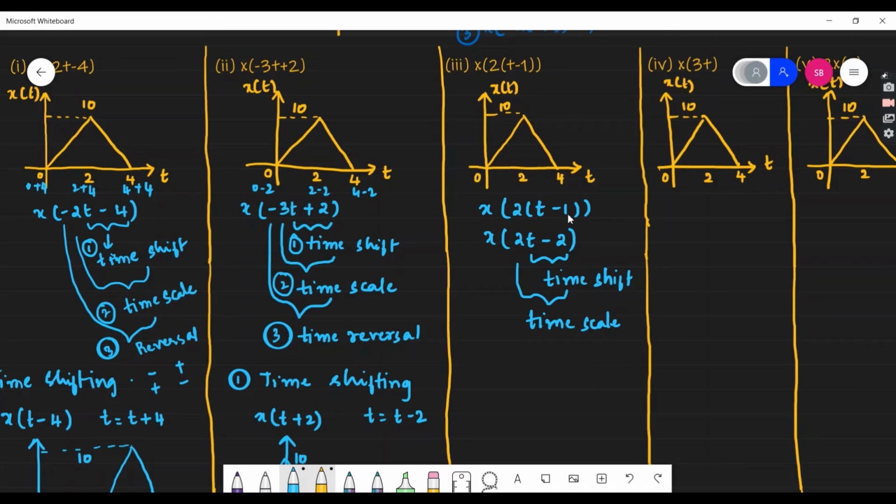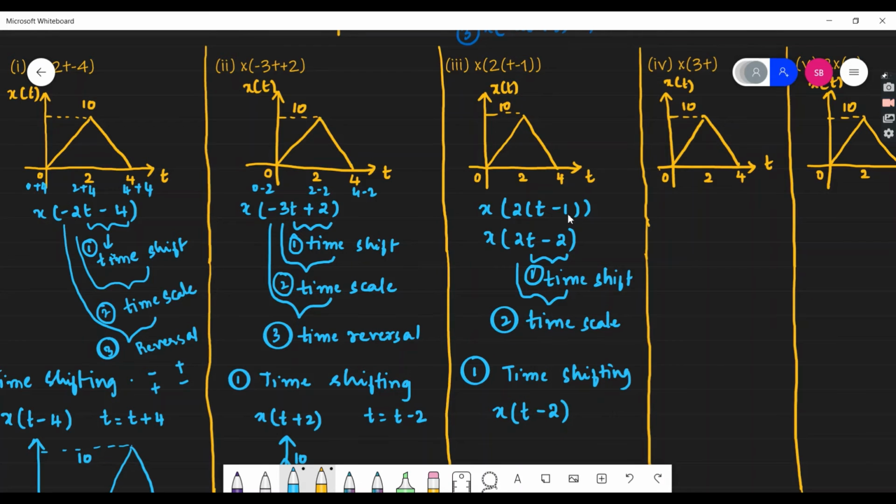There is no time reversal here, the minus sign is not there. So according to the precedence rule, I need to perform time shift first, then the time scale. So first perform the time shifting operation, where you are going to consider the equation in terms of x of t minus 2.